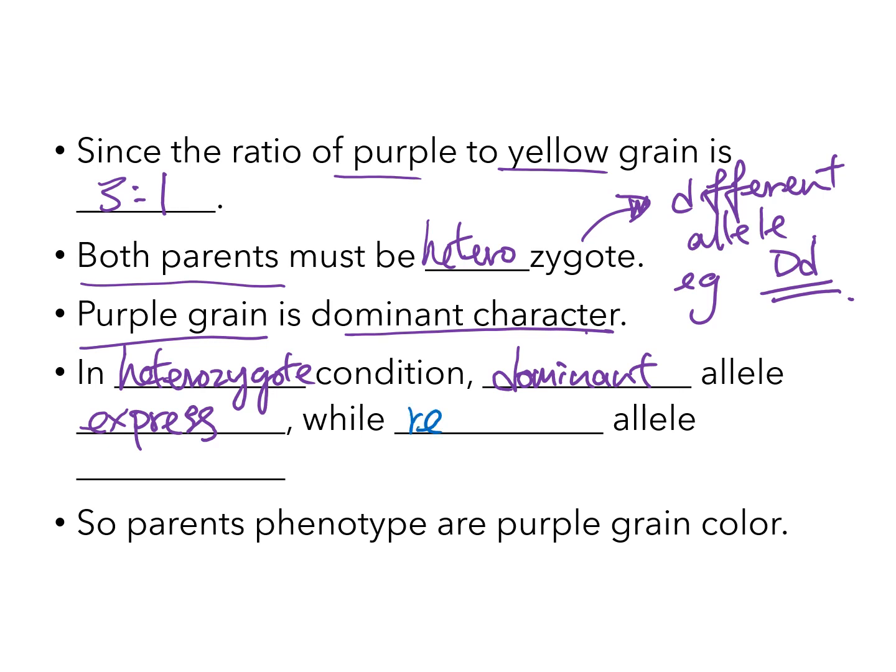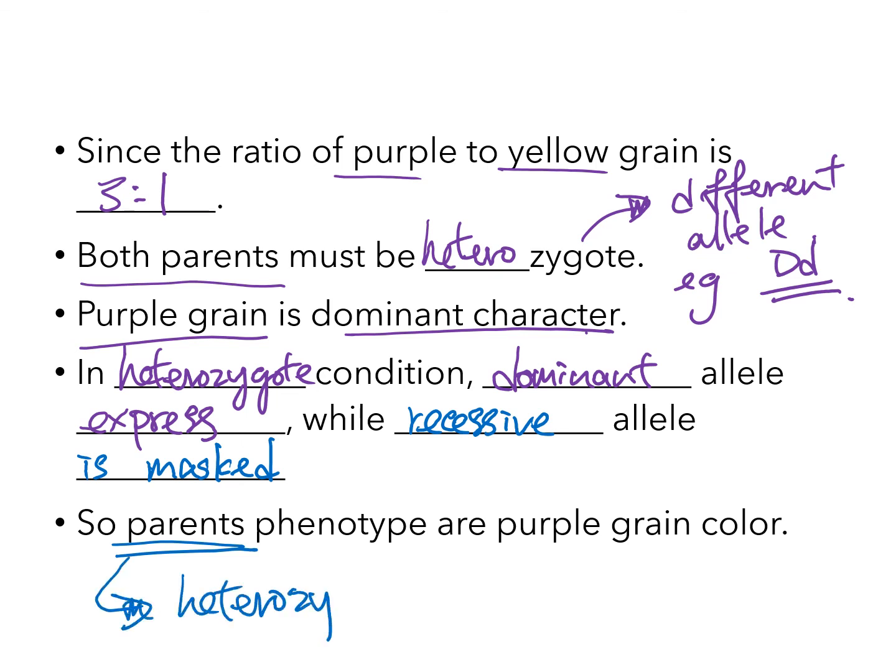The recessive allele is masked. So therefore, the parents being a heterozygote with different alleles like this, they must be having the purple grain color because the purple dominant allele, they have stronger power to express. That's it for this part.